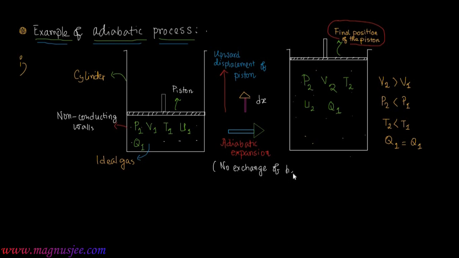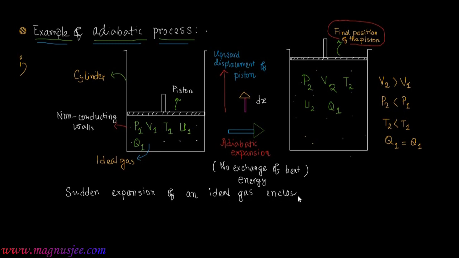Therefore, the first example of adiabatic process will be sudden expansion of an ideal gas enclosed in a cylinder with non-conducting walls.